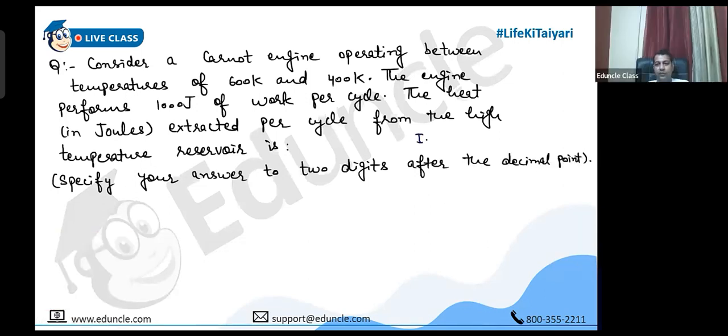This one is also from IIT JAM. So try to solve it.